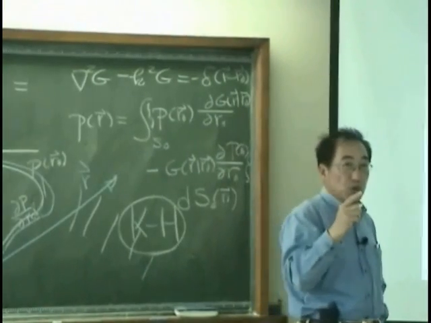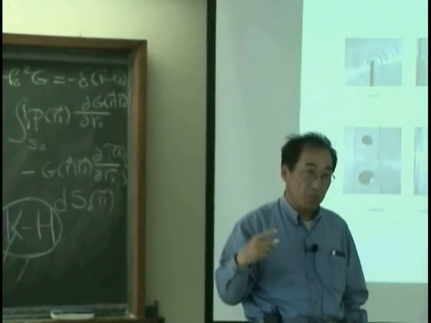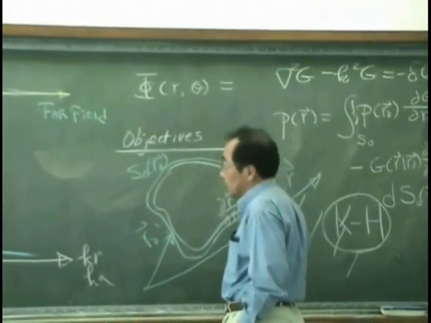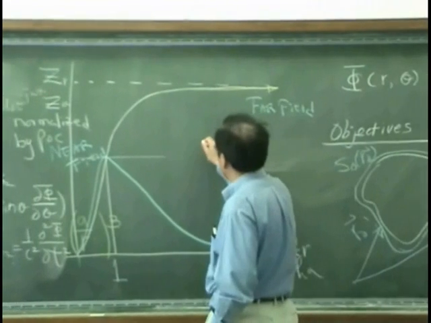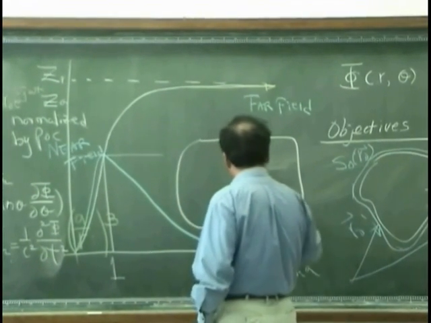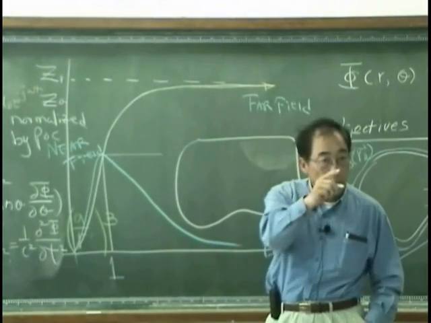What you knew is a very special case. This is a very general case. Okay? Let me explain more. Suppose I have a boundary that looks like this, and this is oscillating, as you mentioned.